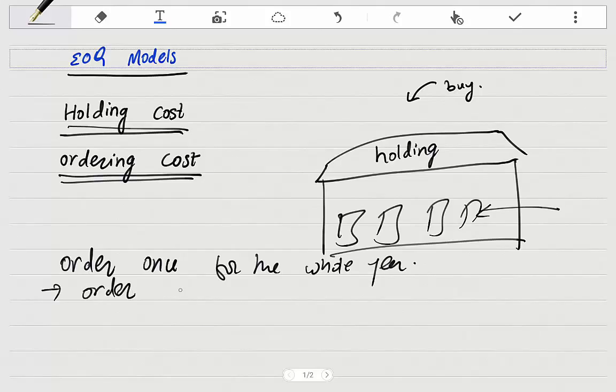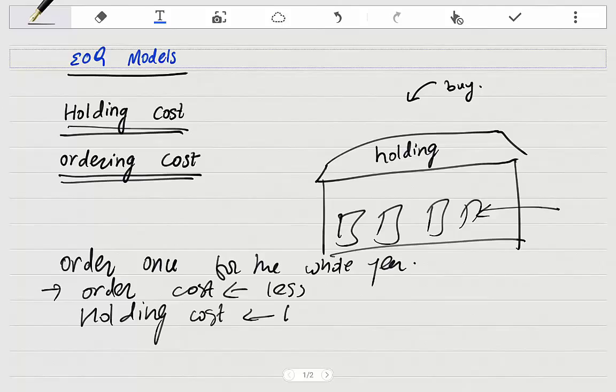Whereas your holding cost will be high, because you have to hold the bigger amount. You need a bigger storage facility. You need more guys to maintain it. You'll have a bigger electricity fee. You'll have more breakage. You need more insurance and so forth.